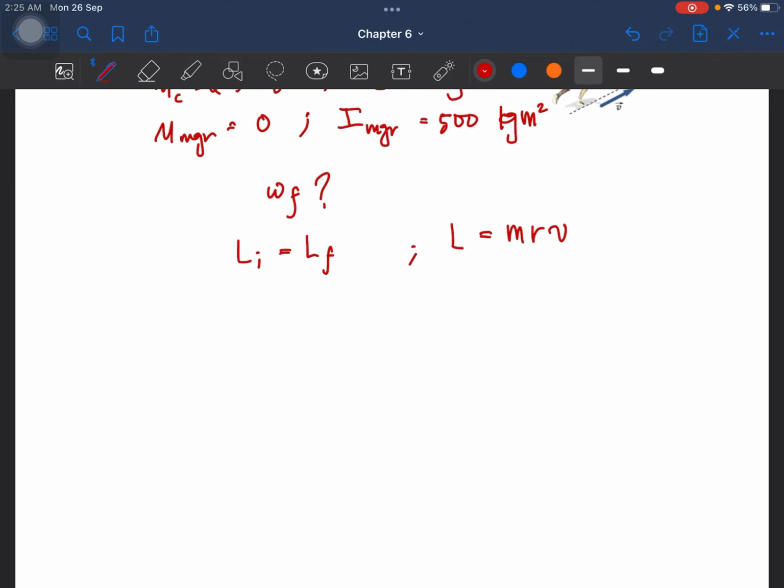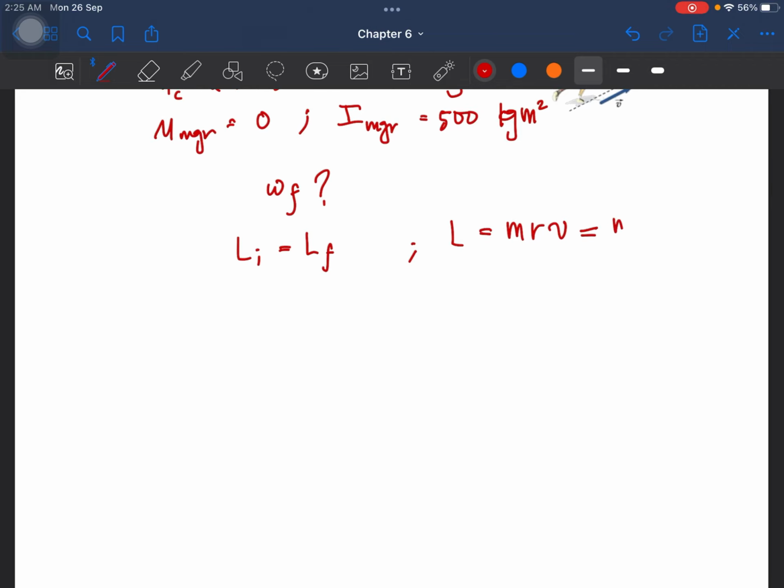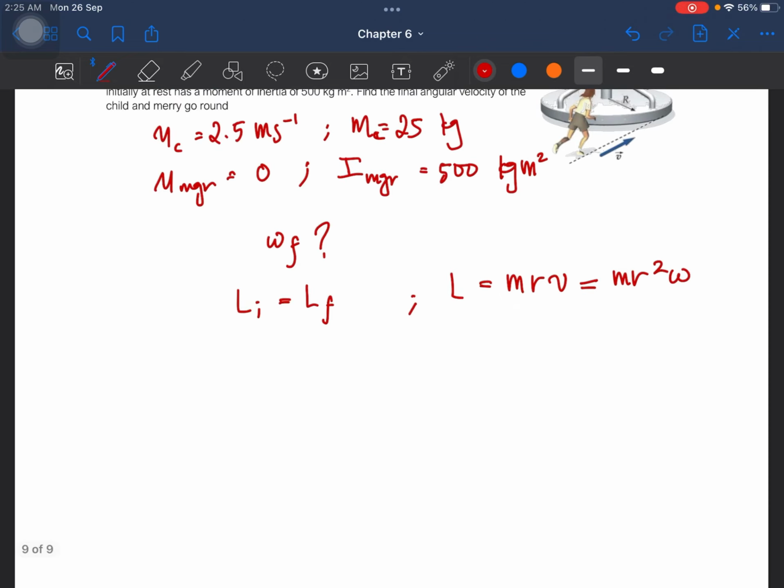So we have the formula L equal to mRv dengan L equal to mr square omega. For this case, we know that it is also equal to I omega. For the initial angular momentum, we are going to use the formula mRv because we only need to consider the child, since the speed of the merry-go-round is equal to 0 juga.